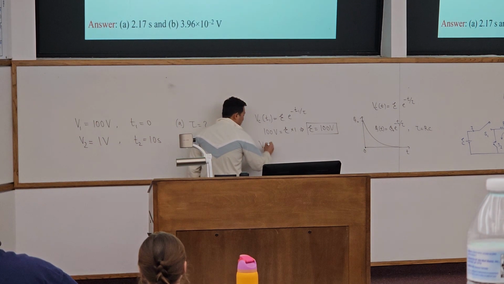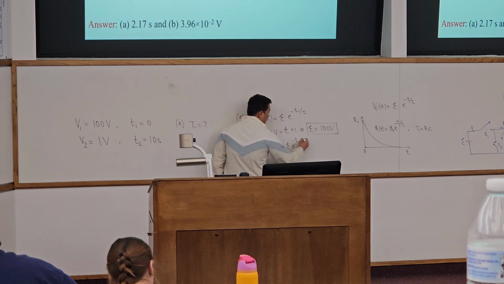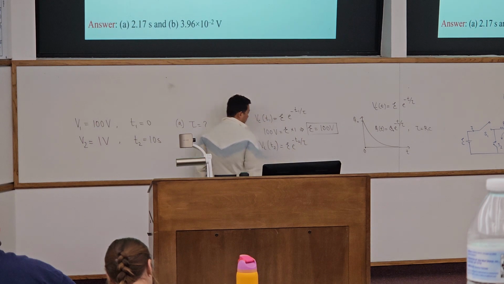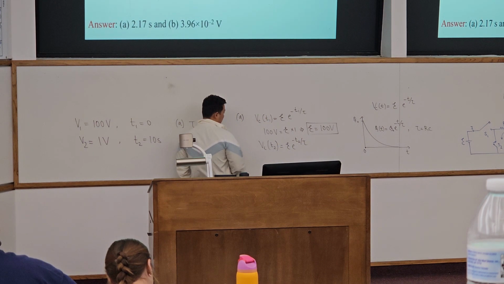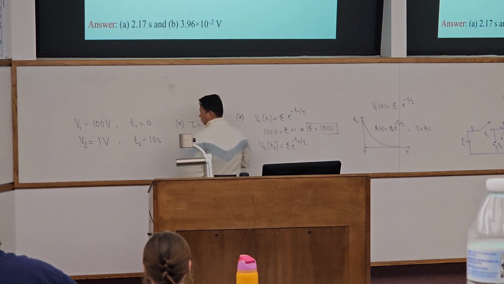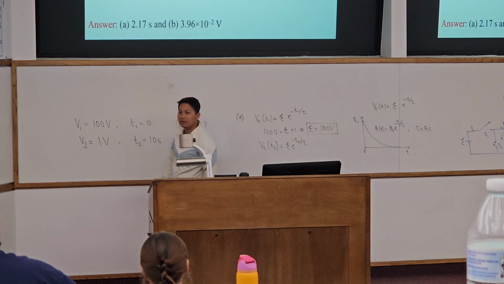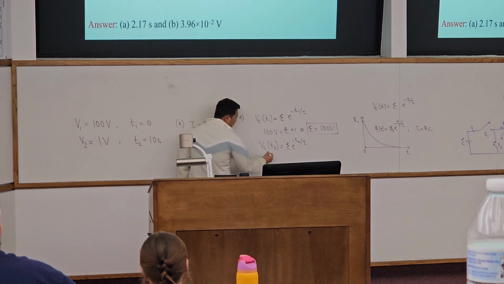We see V at T2 equal to A e power minus T2 divided by tau. Okay. Now voltage across the capacitor at time T2 is 1 volt, right? Isn't it? I have 1 volt.